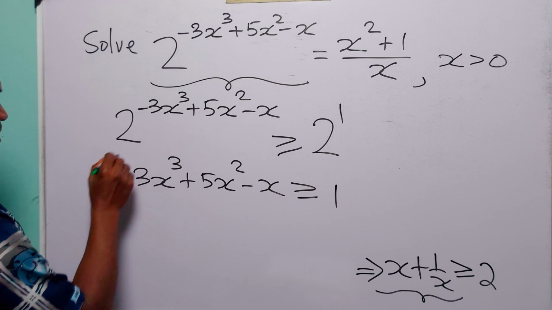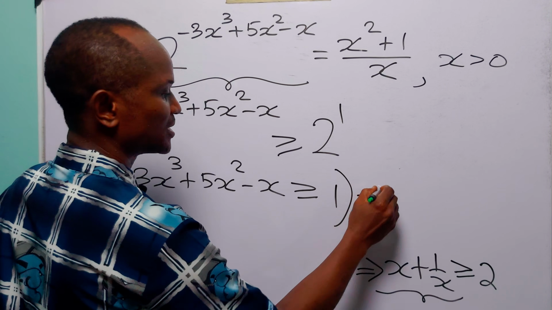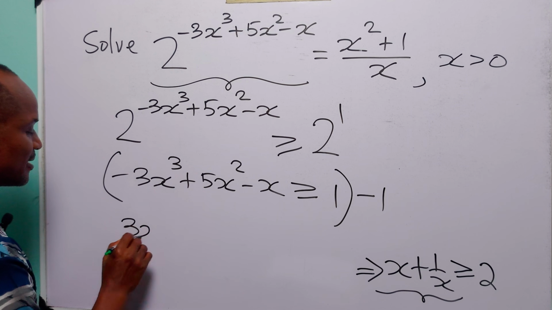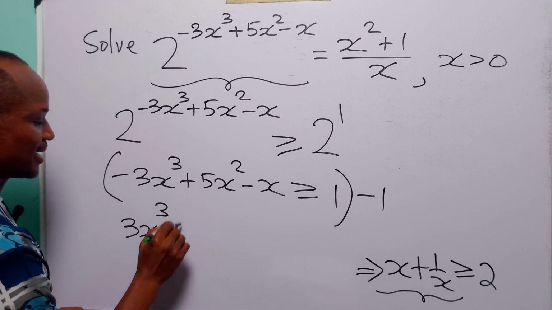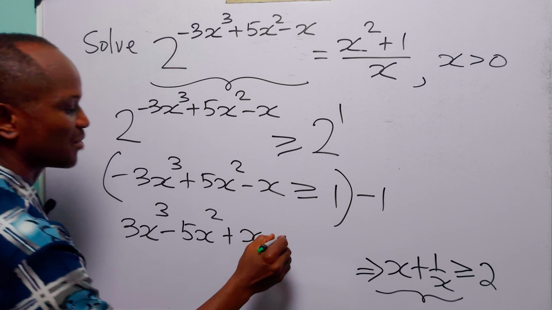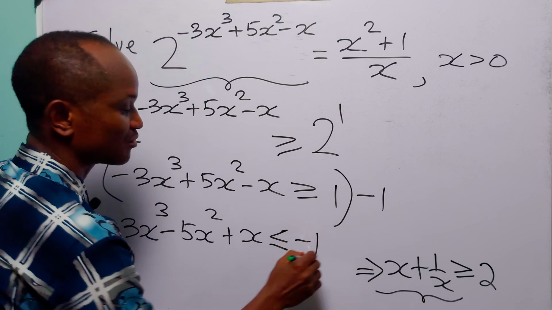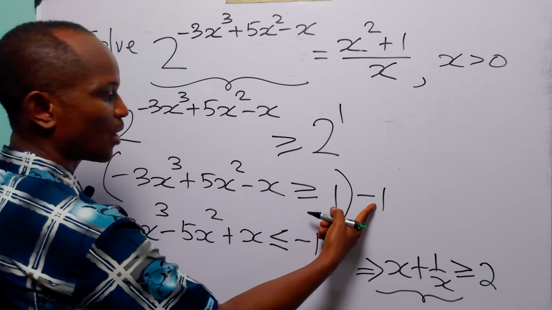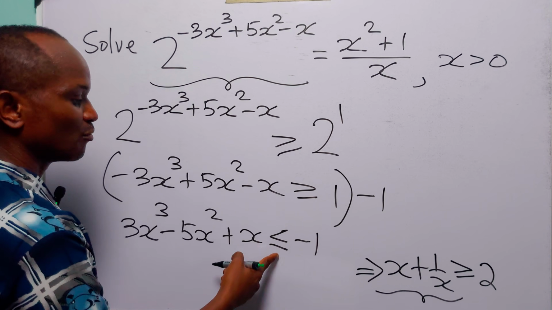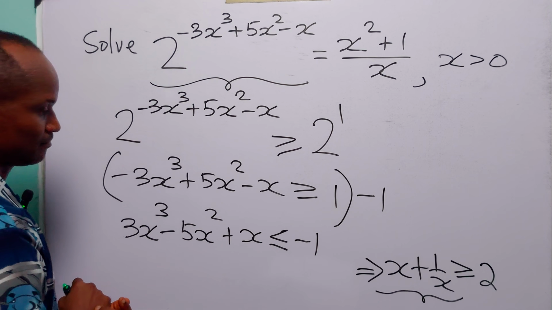Now, to get rid of this, let us multiply through this inequality by minus 1. When we do that, we have that 3x cubed minus 5x squared plus x must be less than or equal to minus 1. Of course, you know that when you multiply through an inequality by a negative quantity, you must flip the sign.